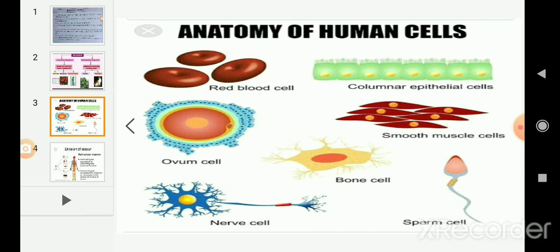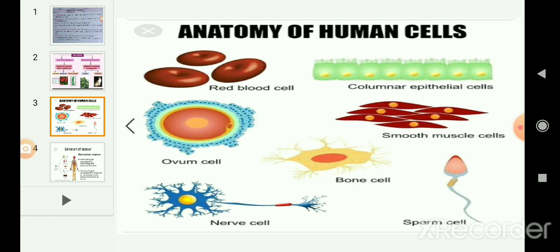What is the use of muscle cells in our body? They are helpful to show the movement. And coming to blood cells, blood cells are helpful in transportation of various substances. And coming to nerve cell, the nerve cells help in transferring the message to the brain.